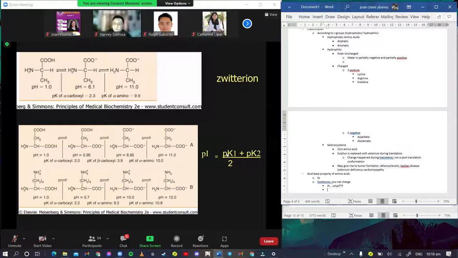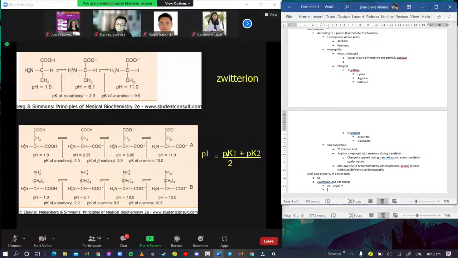How about the next example? This is now what? Aspartic acid. Okay, so the same. We follow the pK and the pH of the environment. The first proton that is released is from the alpha carboxylic group, and then at the next pH, since the pK of the beta, the R group carboxyl group, is 3.9, this time it will also lose its proton.